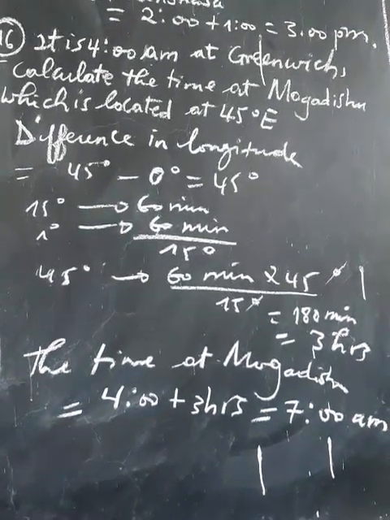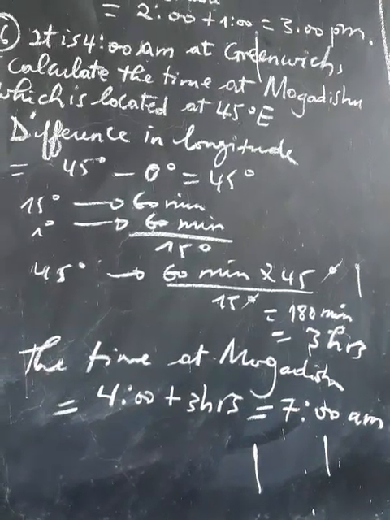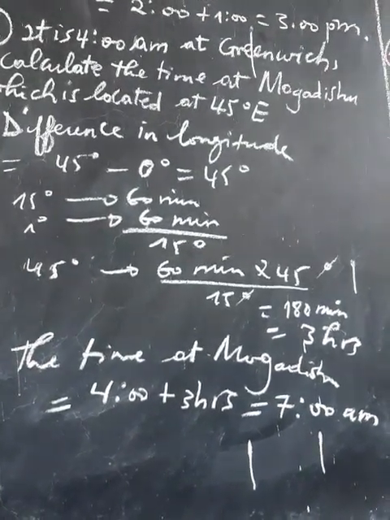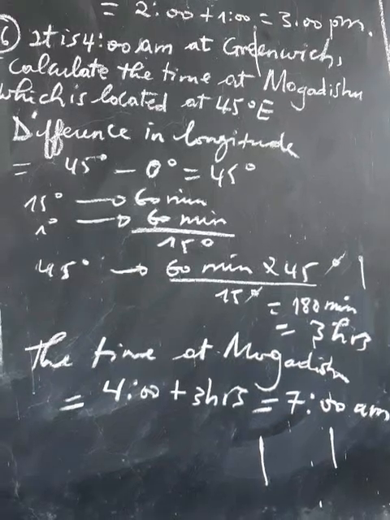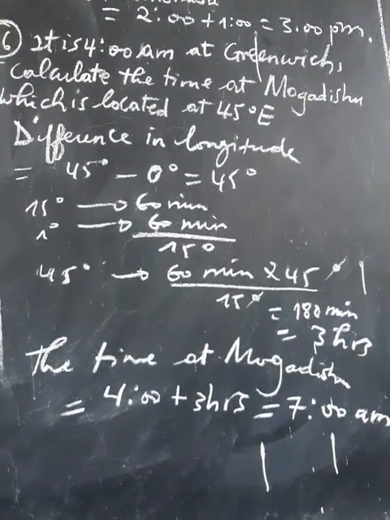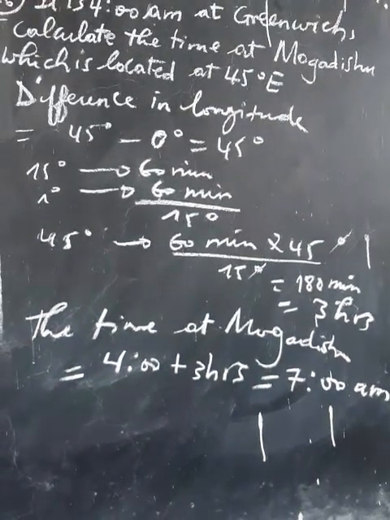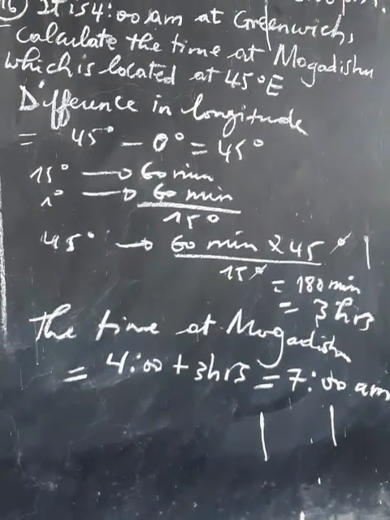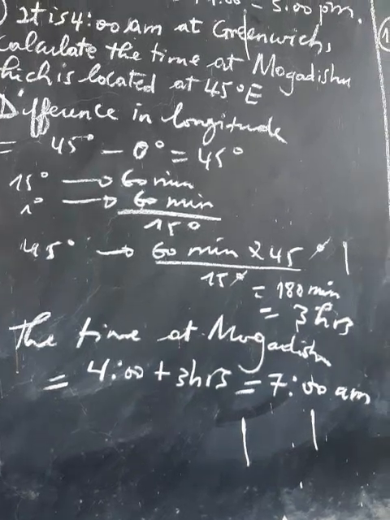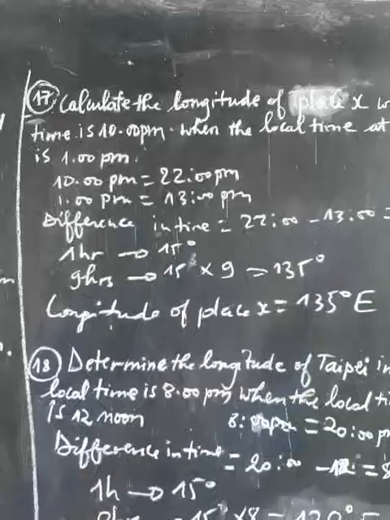Then 45 degree will be equal to 60 minutes times 45 over 15 degree. Then we get 180 minutes, which is equal to 3 hours. Then the time at Mogadishu is, we take 4 hours plus 3 hours, which is equal to 7:00 a.m. Let's go to the question number 17.